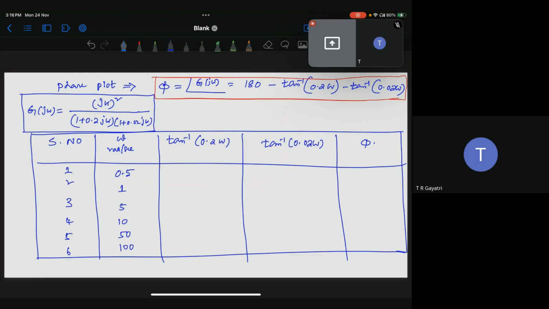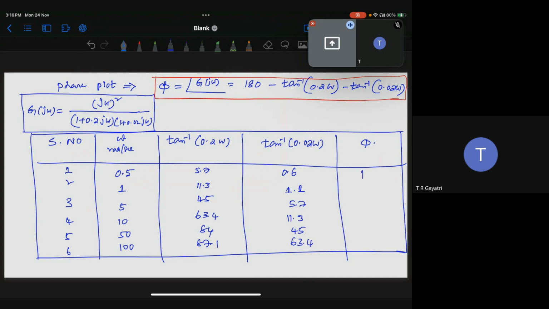These values you'll get as 5.7, 11.3, 45, 63.4. If you do the calculations, 84, 87.1. This one is 0.6, 1.1, then 5.7, 11.3, 45, 63.4.